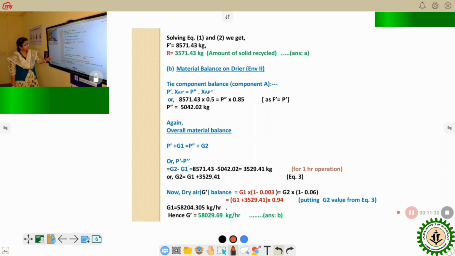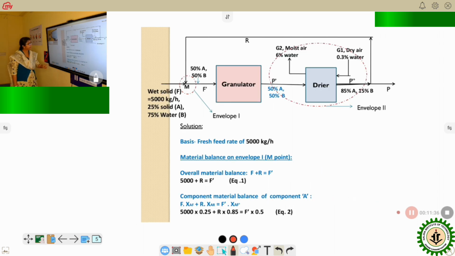Now if we write the dry air balance, on this dryer, when air is entering, the dry air is associated with a small amount of moisture, 0.38%, and when it is leaving, it attains 6% moisture.